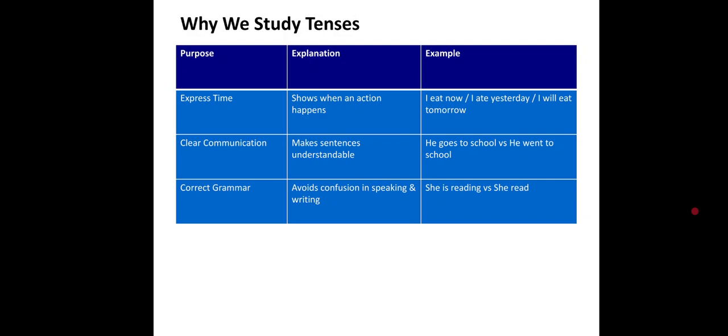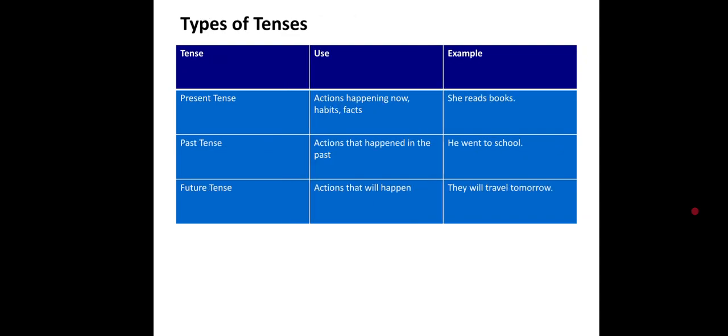So next we have types of tenses. We have three main tenses: present tense, past tense, and future tense. If we talk about the present tense, we use it for actions happening now, habits, and general truths. For example, she reads books.